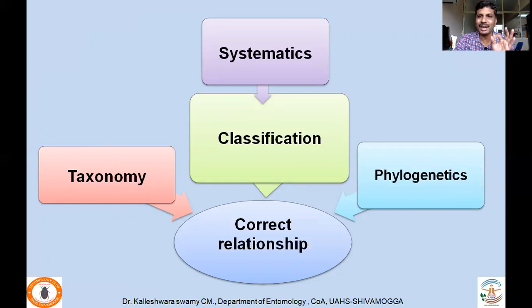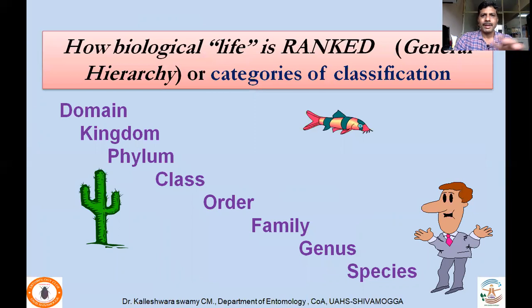It should not be artificial classification. So then only we can arrive at a correct relationship. As a result, correct classification can be made. Okay, so that is the meaning of all those three terminologies, especially which are used interchangeably, which also comprises phylogenetics. Okay, yeah. So let us discuss the categories of classification.